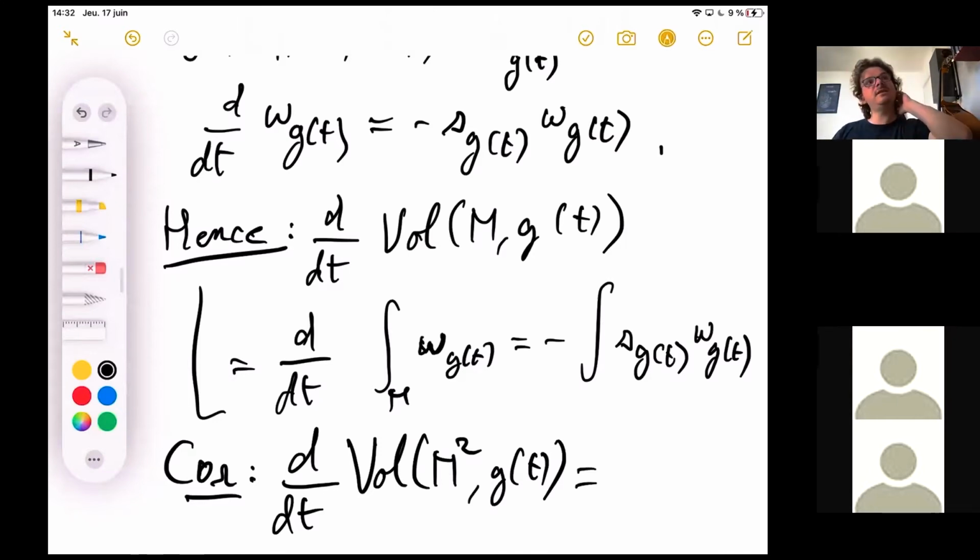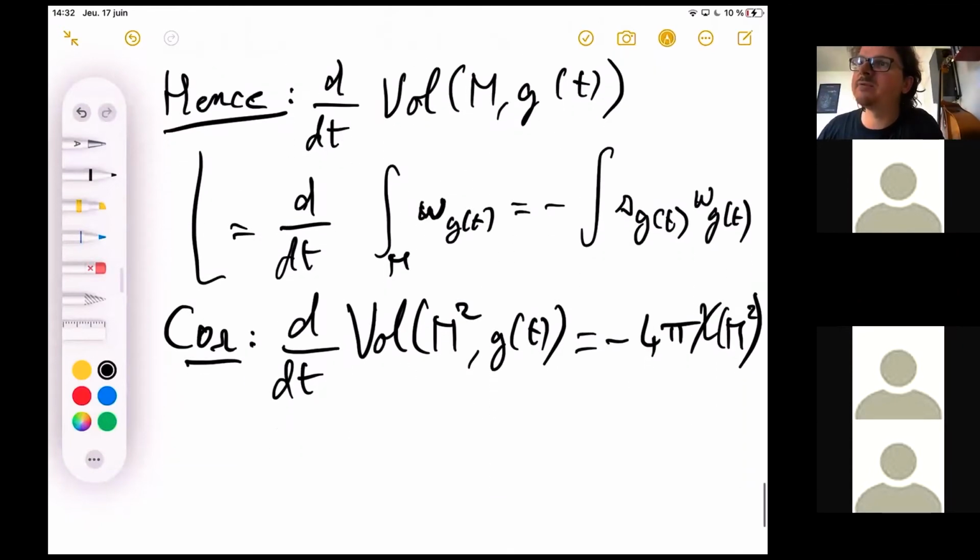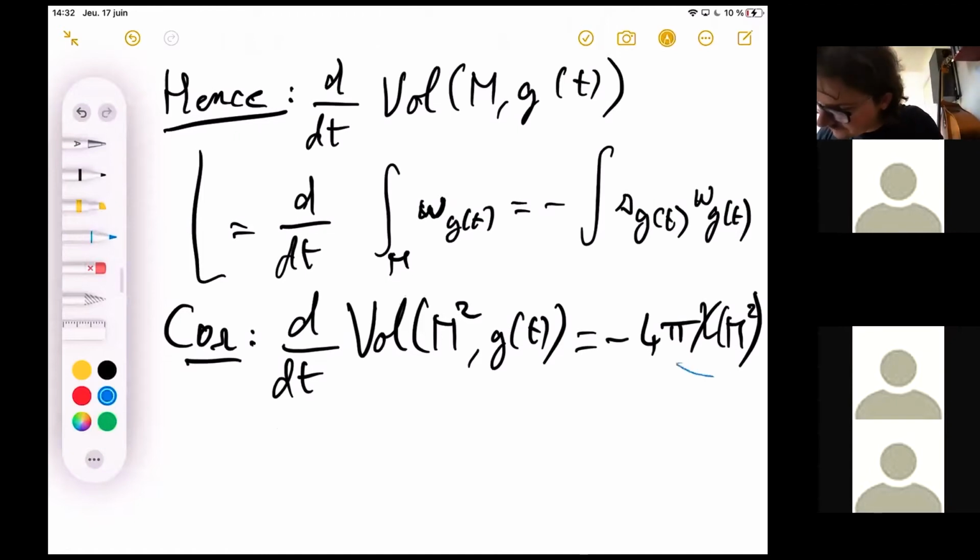In 2D, the scalar curvature is twice the Gauss curvature. So you can use this to get chi of M, the Euler characteristic.